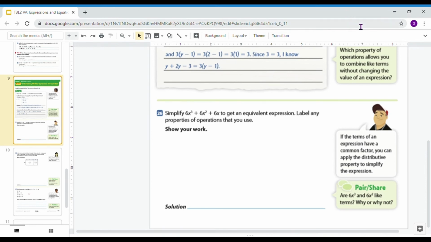So when they're asking you to label the properties, that means are you using the distributive property, the commutative property, or the associative property? And if you need a quick refresher, those are all on page 3 of your slides. So let's look at 6x cubed plus 6x squared plus 6x and come up with an equivalent expression.